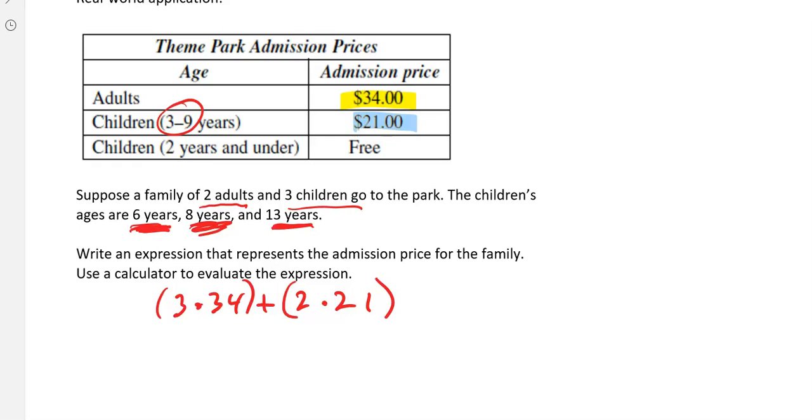So 3 times 34 is 102, and 2 times 21 is 42. All right, and 102 plus 42 is 144. There you go. So the family will pay $144 to go to the amusement park.